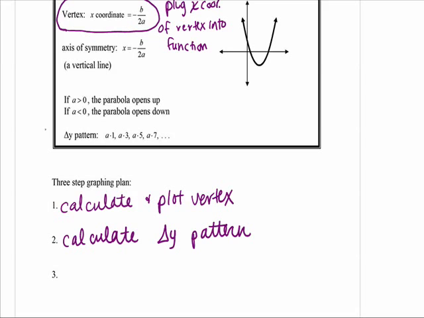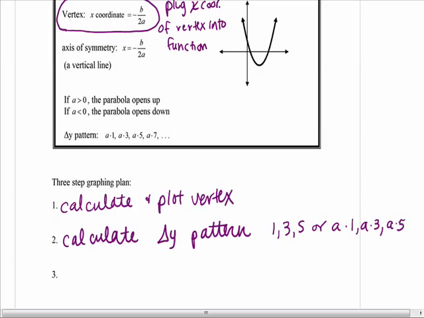After you calculate the delta y pattern, meaning there is no coefficient of x squared, it's just the 1, 3, 5, etc., right? But you might have to go a times 1, a times 3, a times 5, just like we did yesterday. So that step is really no different.